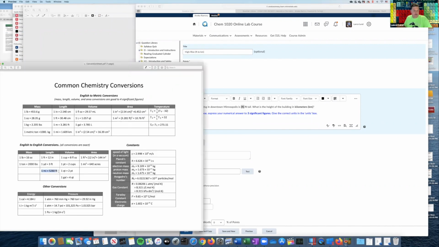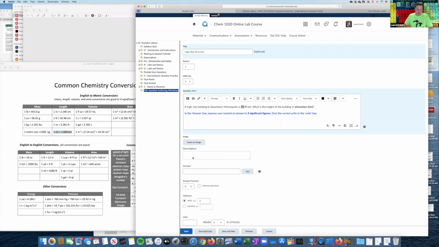If I go from feet to miles, we know that there's 1 mile for every 5,280 feet. And then if we wanted to go from miles to kilometers, for every 1 mile, there's 1.609 kilometers. So as I put in my formula, what that means is we're going to take the number of feet, which I'm going to write out that variable right now, and multiply that by 1 over 5280.